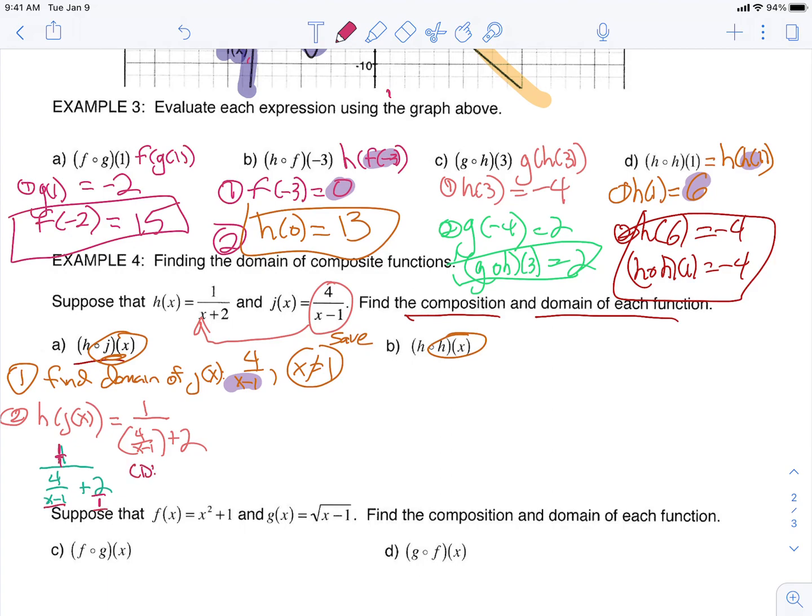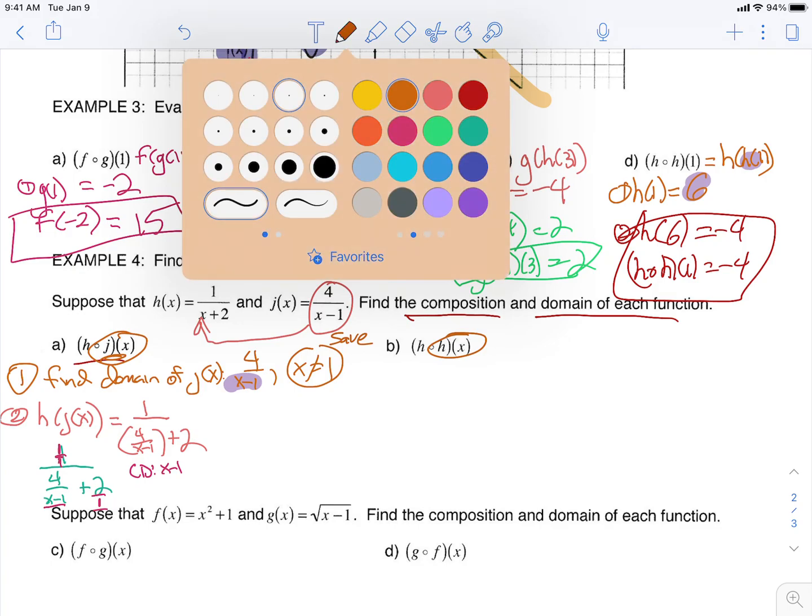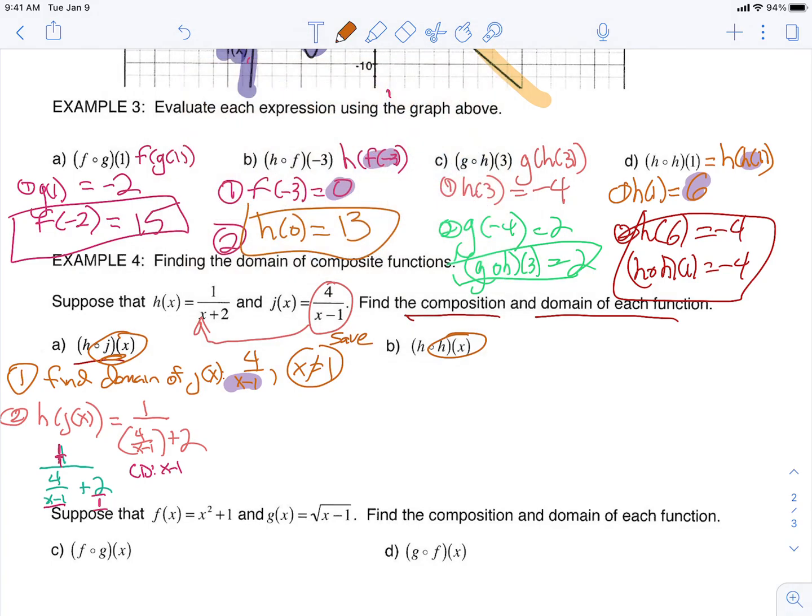So my common denominator is x minus 1. I'm just looking at denominators there, right? x minus 1 is clearly in the denominator, but there's also a 1, and you could rewrite 1 as 1 over 1. So now I'm going to multiply every single term by the common denominator of x minus 1.